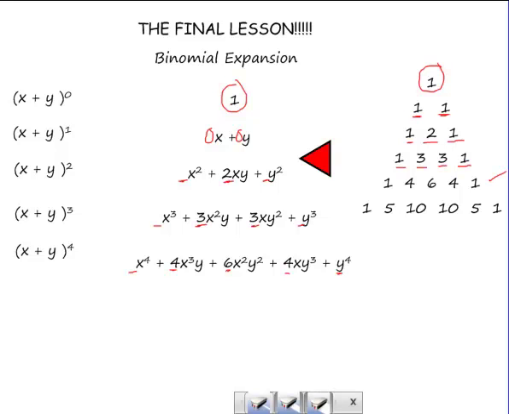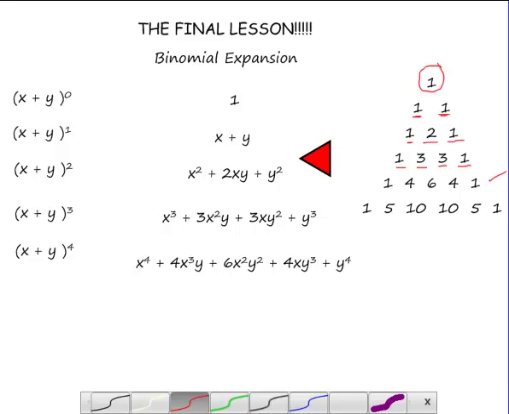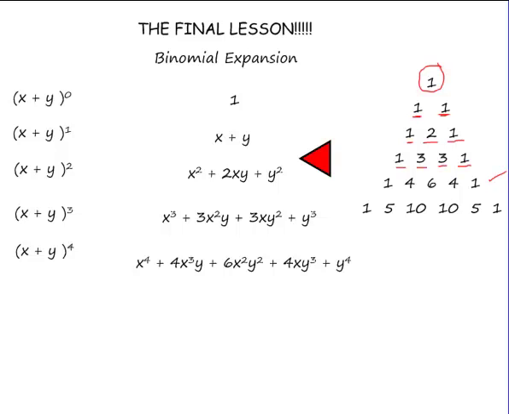All right, before we do that last line, let's find some more patterns. Look at the exponents of x. 3, 2, 1, none. Let's look at the exponents of y.